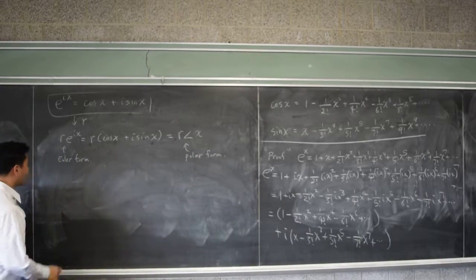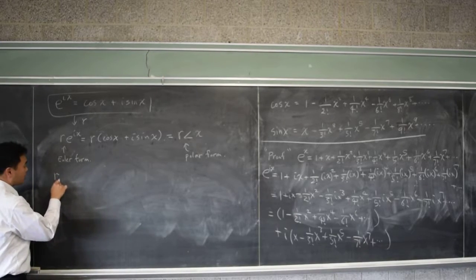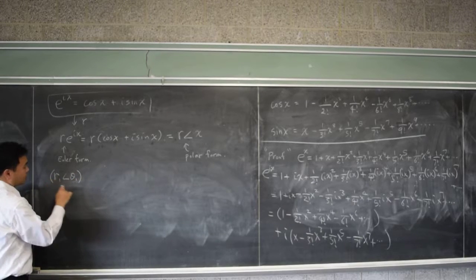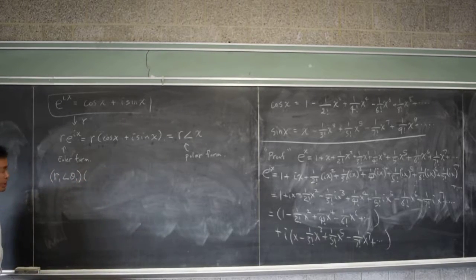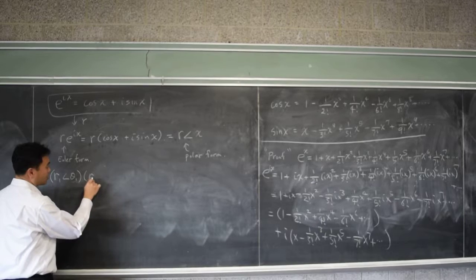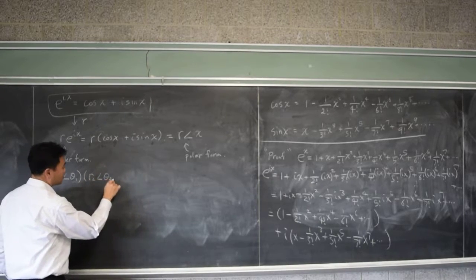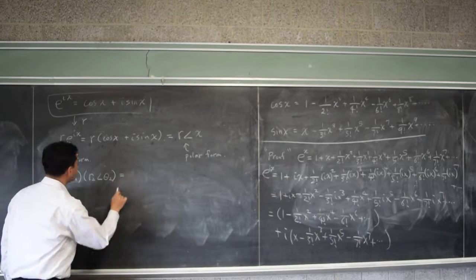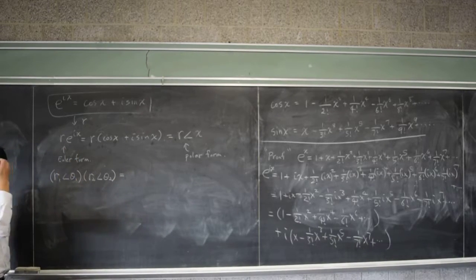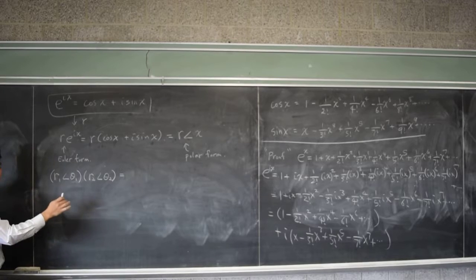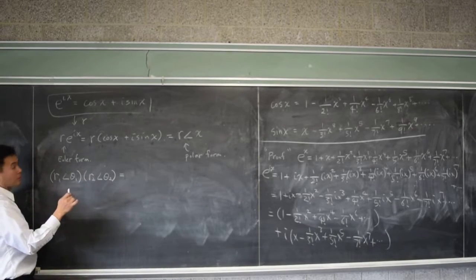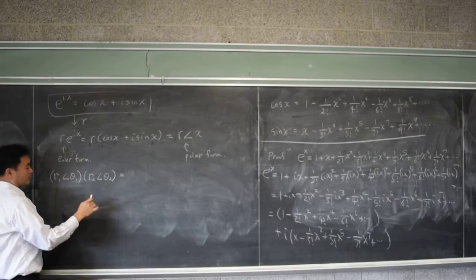In other words, if we have r1 angle theta 1, and if I wanted to multiply another number which is r2 angle theta 2, the first one can be written in Euler form. In what way? Can you tell me how we should write this in Euler form? R1 plus R2?